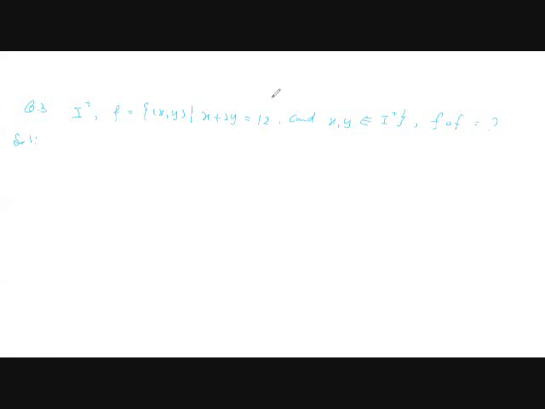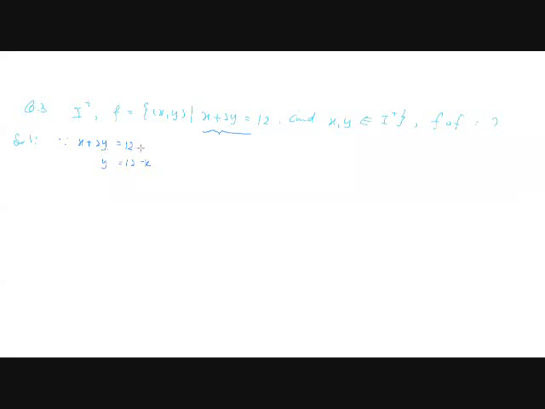From this one, we try to convert to get y first, right? Because we know x plus 2y equals 12. So 2y is going to be equal to 12 minus x. We can solve right away.